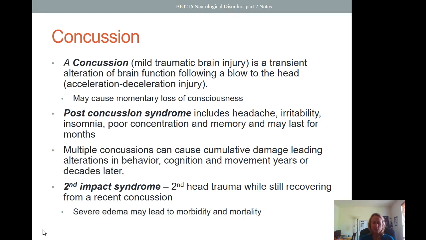Multiple concussions can lead to cumulative damage, leading to alterations in behavior and cognition, and even movement, years to even decades later. Second impact syndrome refers to a second head trauma while you're still recovering from a recent concussion. This can cause severe edema and has a fairly high morbidity and mortality associated with it.